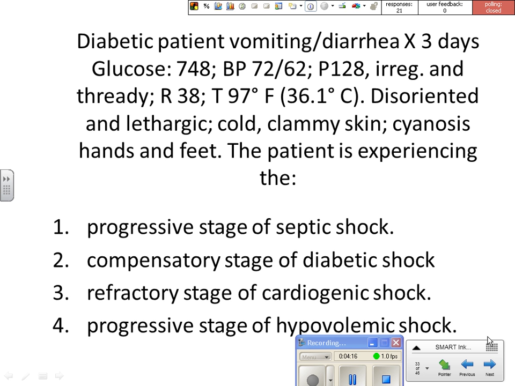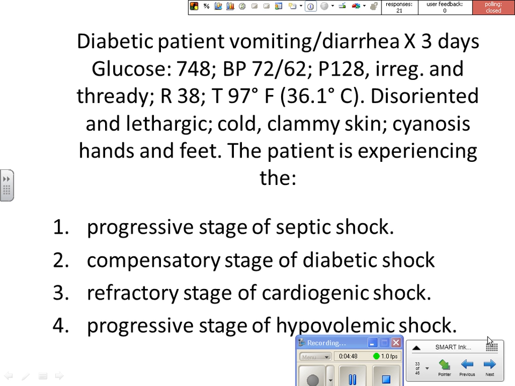How about cardiogenic? Is there anything in that picture that talks about the signs and symptoms or the conditions that would lead to cardiogenic shock? Blood pressure is going to be 72. In all types of shock you're going to get that low blood pressure, the worse they get. Same thing with the heart rate. There's nothing in there that talks about chest pain, MI, crackles in the lungs, elevated central venous pressure.